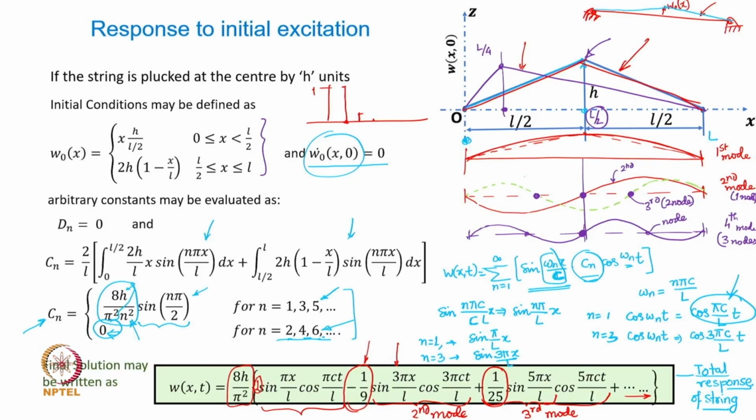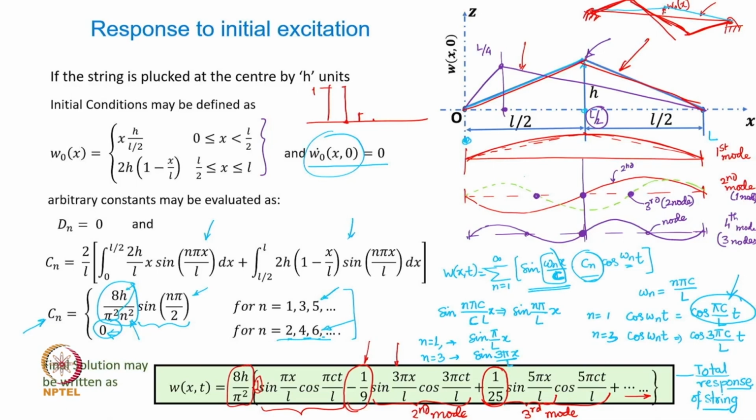And in general it is true that when you give some arbitrary excitation like this, higher mode natural frequencies are going to contribute lesser to the total vibratory response, unless you give the initial displacement literally like this, where the second mode is going to be predominantly contributing to the total response, and in this case of course the first mode will not contribute.